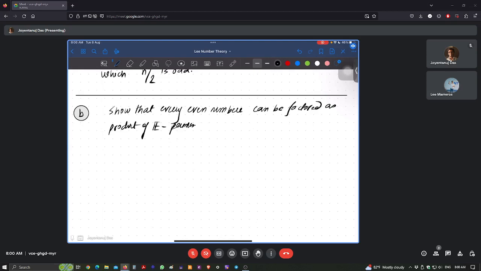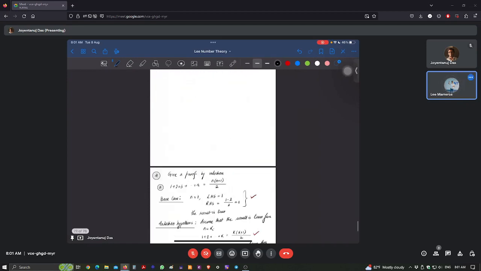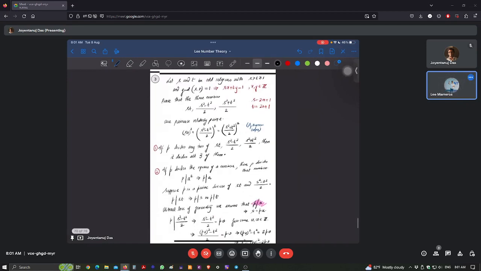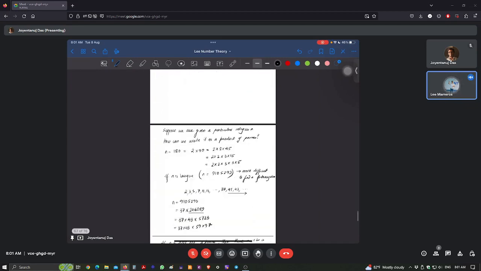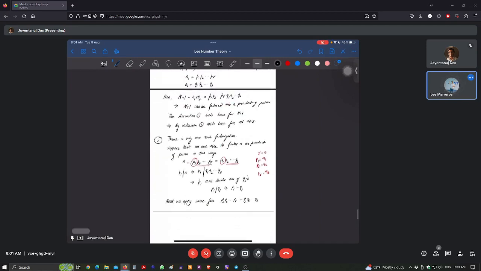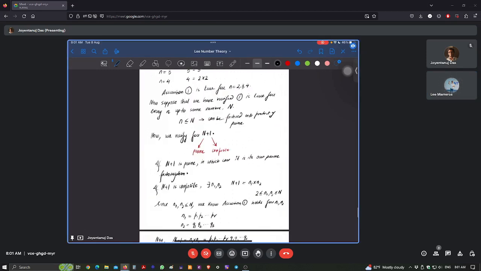Both of them may not be prime. But that's what we did in the demonstration. We said either n plus one is prime or n plus one is composite, and if n plus one is prime, there is nothing to do. But if it is composite, there could be a factorization.